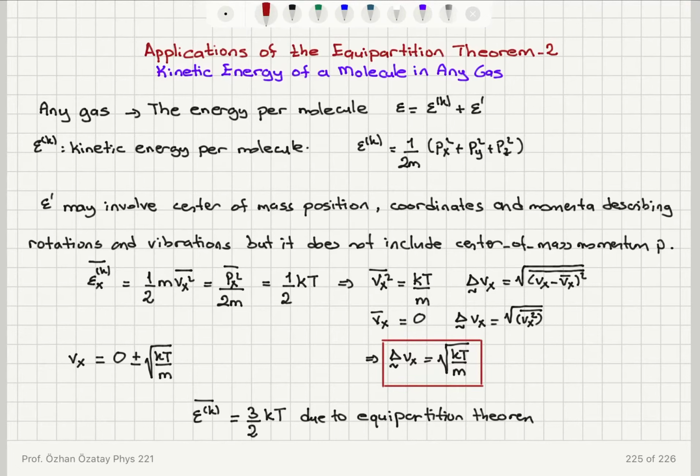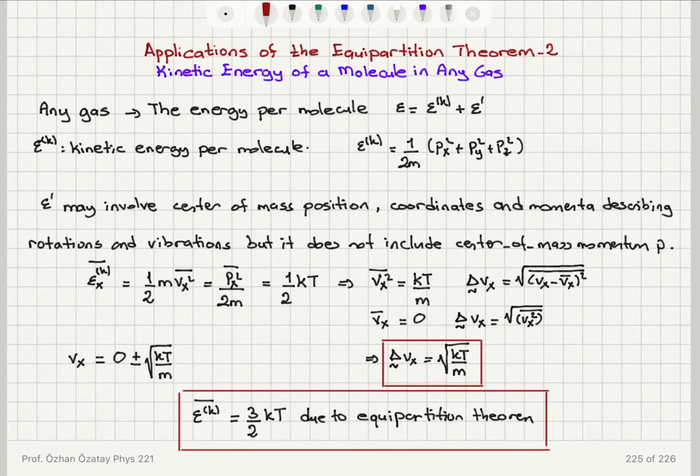So as you can see, this theorem is quite useful in calculating the mean values of energy and the velocity components or speed as well. You can take this discussion and do further analysis to calculate the standard deviation of v as well as the components of the velocity.